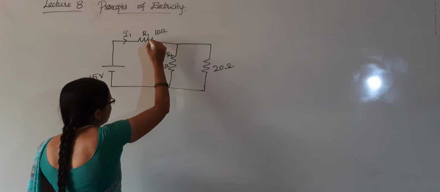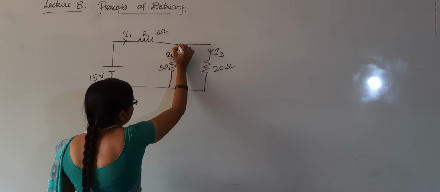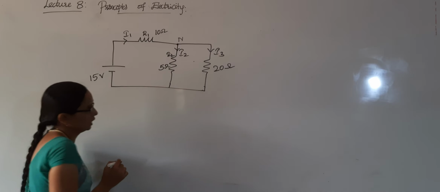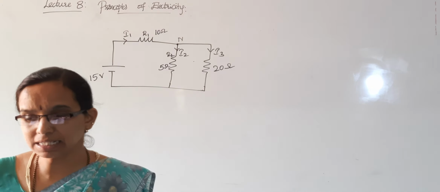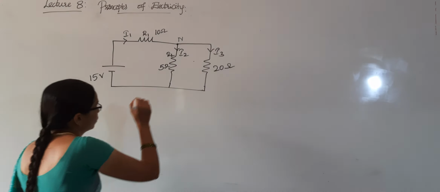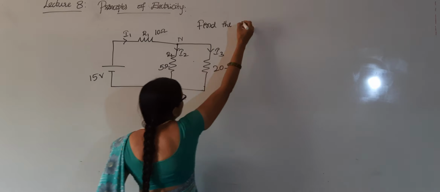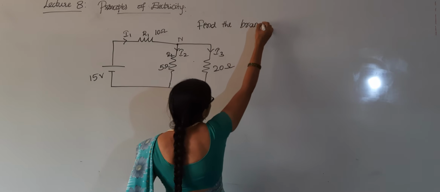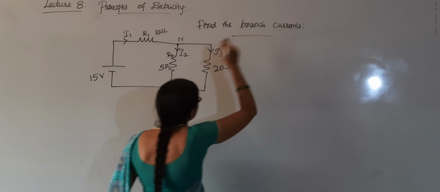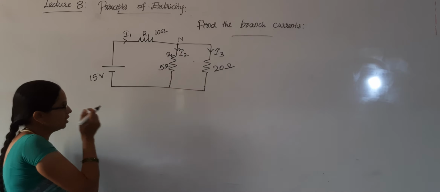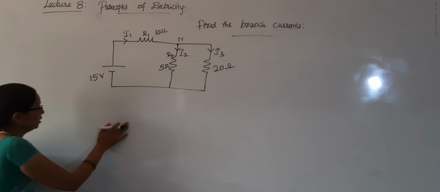I will call this as I1 and this is I2 and this is I3, and the node as N. In this circuit, find the branch currents. The question is to find the branch currents in the circuit given. See, for this again we have to apply KCL and KVL.